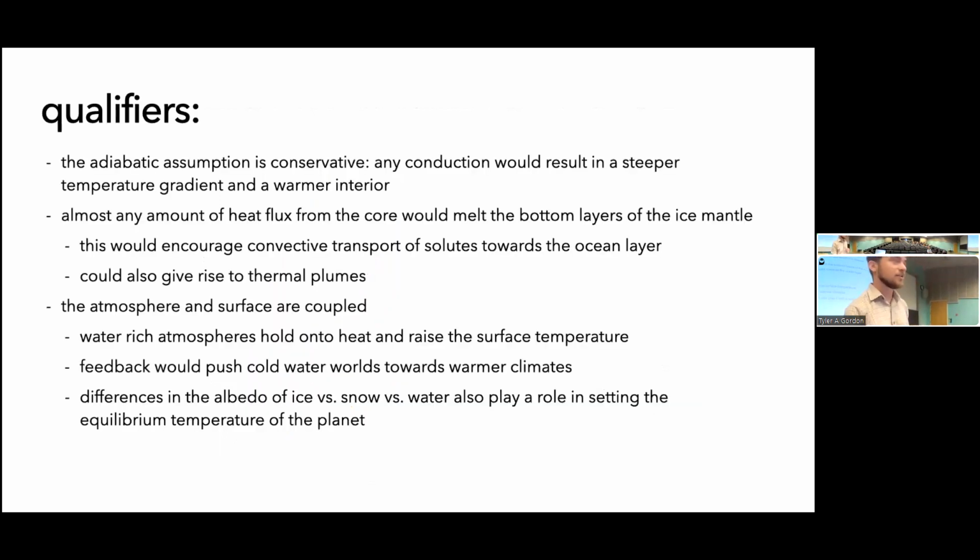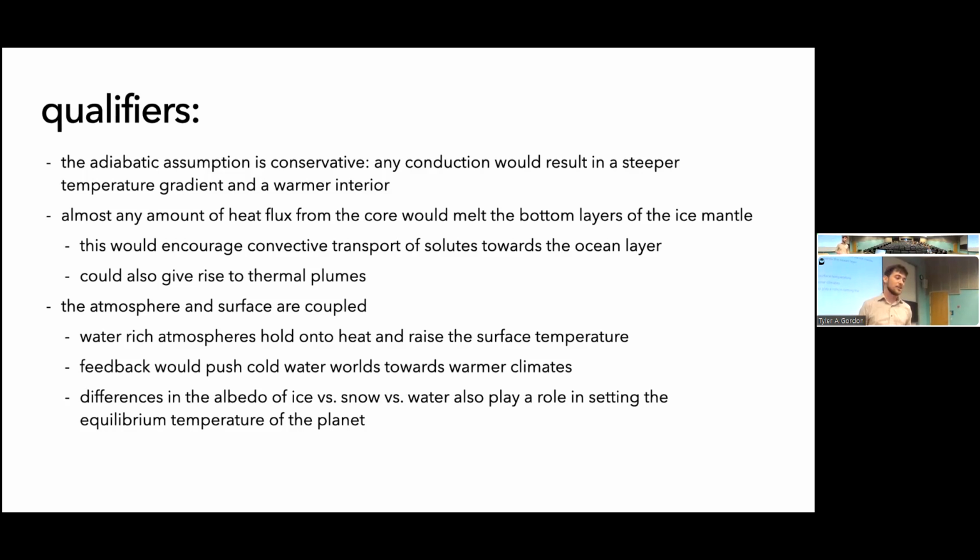So I want to give a number of qualifiers to this work as I wrap up here. The first is that the big assumption we've made is that the hydrosphere is adiabatic. I already mentioned this. So any conduction in the hydrosphere would result in a steeper pressure gradient and a warmer interior.